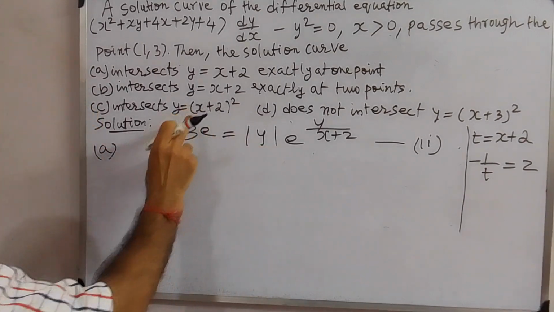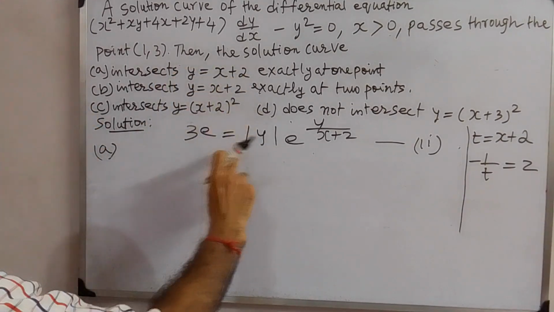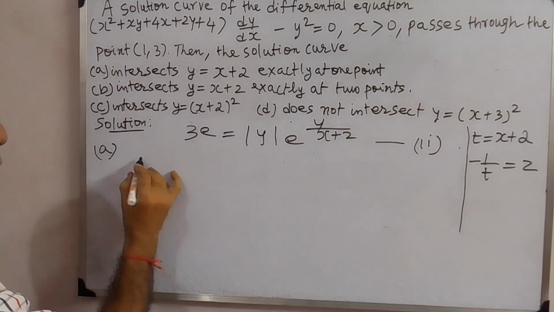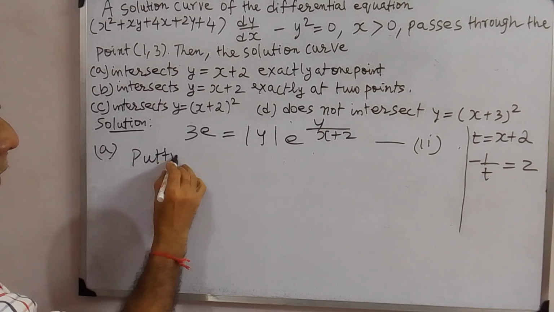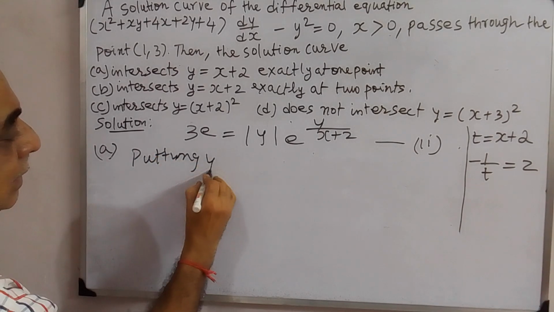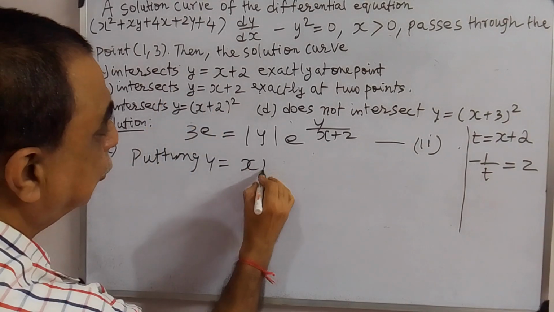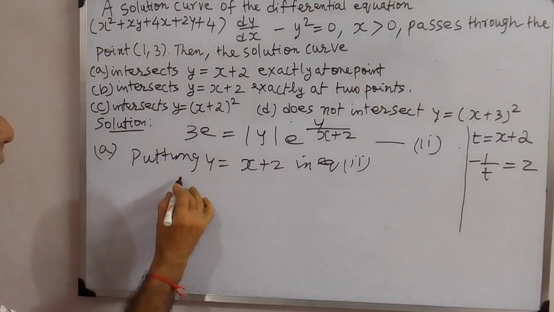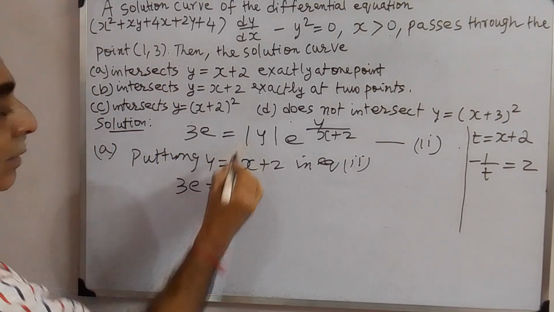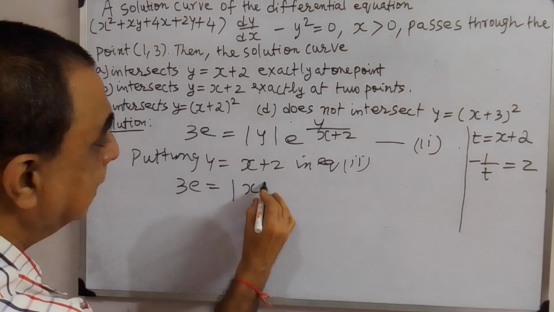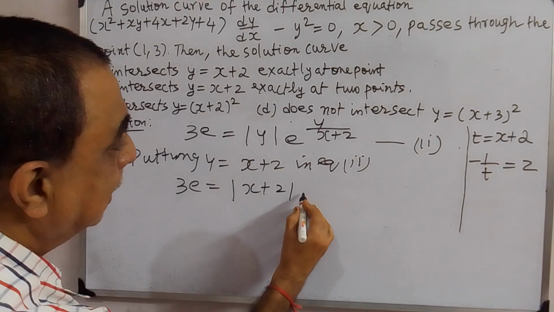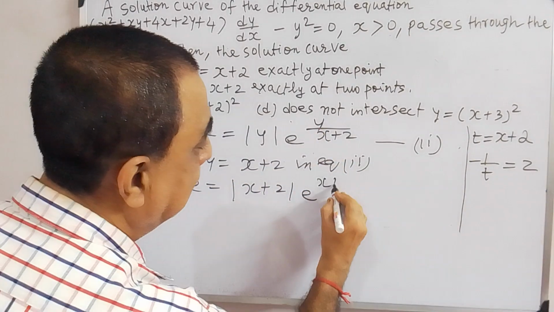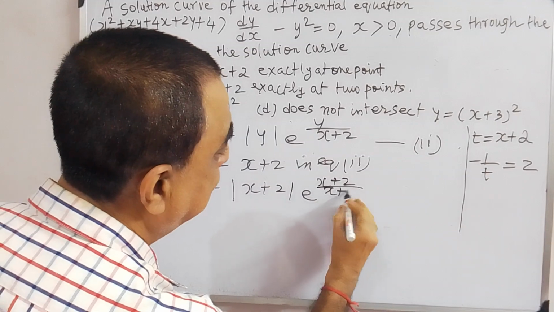So what will happen? This equation will be satisfied. So in place of y, I can write x plus 2. So putting y equals x plus 2 in equation 2, we will get 3e equals, in place of y, I am writing x plus 2, into e to the power y, where y is x plus 2, divided by x plus 2.